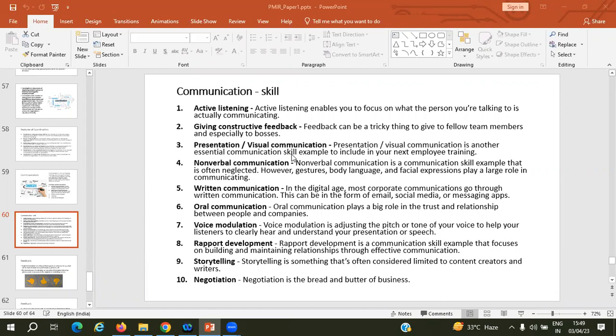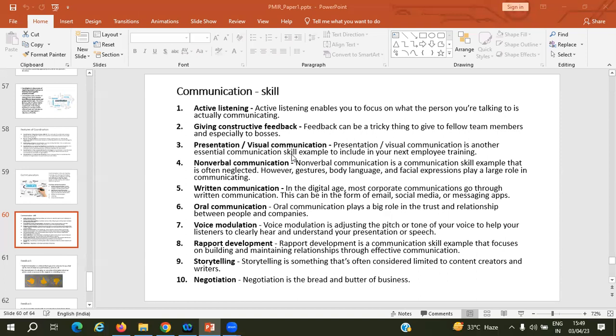So that person is a storyteller. He knows what to tell, how to start, how to end, what are the things to include, what are the things to exclude. So that requires a skill, that is storytelling skill, part of communication skill.